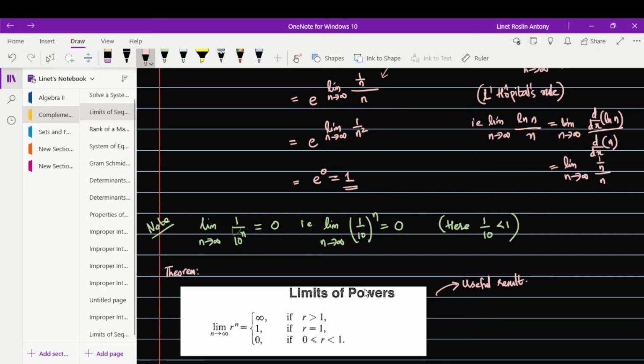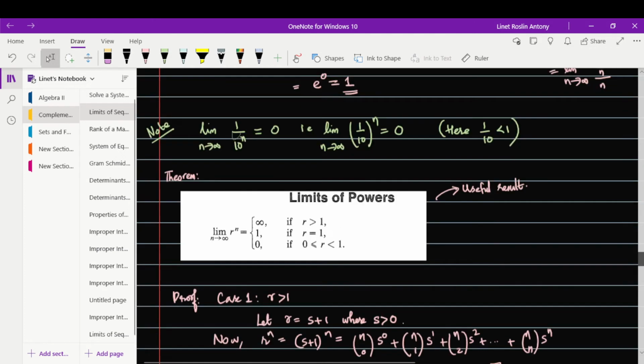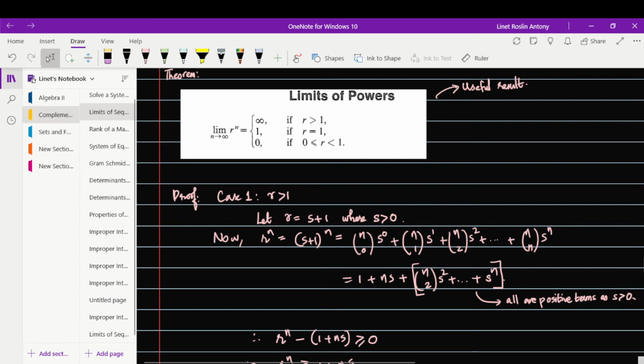So we are going to state a theorem on limits of powers, which is a very useful result, and we will prove it. The theorem says that the limit as n tends to infinity of r raised to n is equal to infinity if r is strictly greater than 1, equal to 1 if r is equal to 1, and equal to 0 if r lies between 0 and 1.